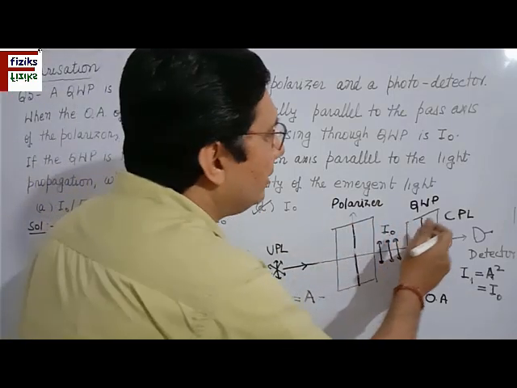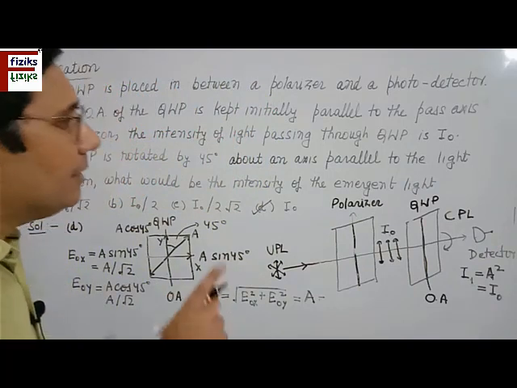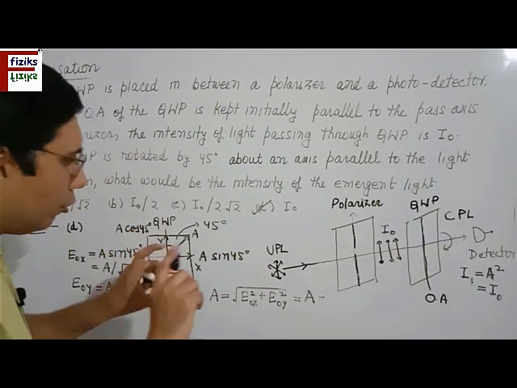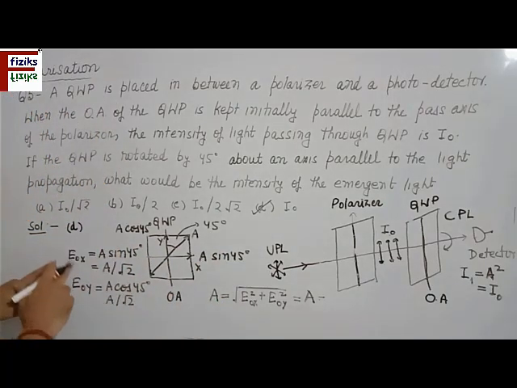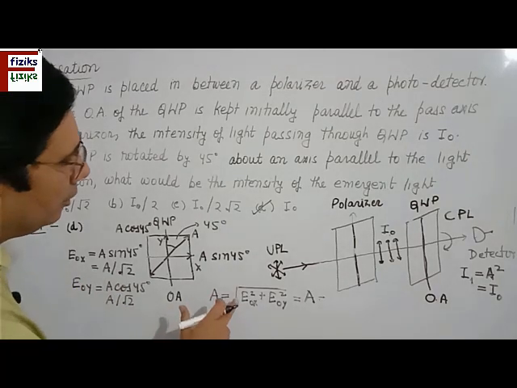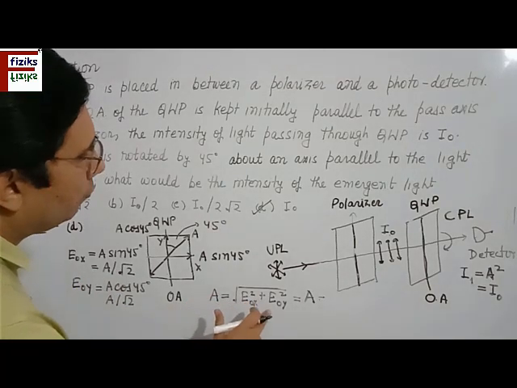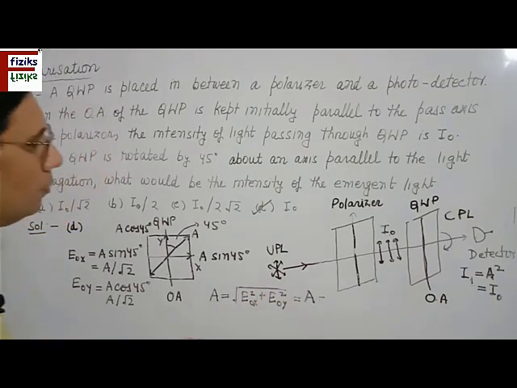Now on the emergent side we will have circularly polarized light with two components, Ex and Ey, whose amplitudes E naught x and E naught y come out to be A upon root 2 each. So the resultant amplitude will be the square root of E naught x square plus E naught y square, which is equal to A again.